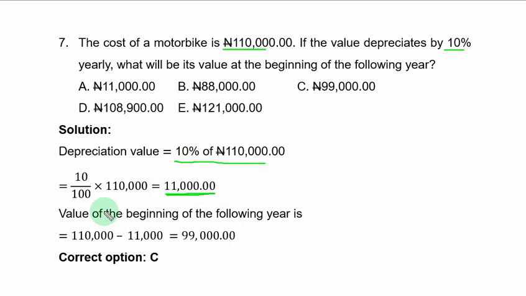The value of the motorbike at the beginning of the following year is the cost minus the depreciation, and that is 99,000 naira. You subtract the amount of depreciation from the cost, you have 99,000 naira. C is the correct option.